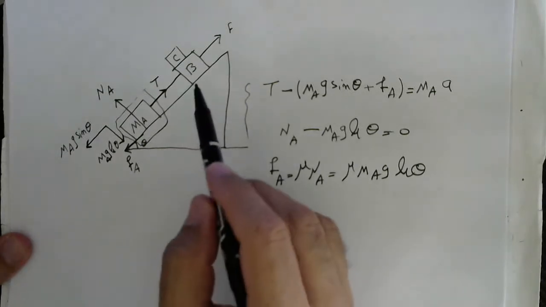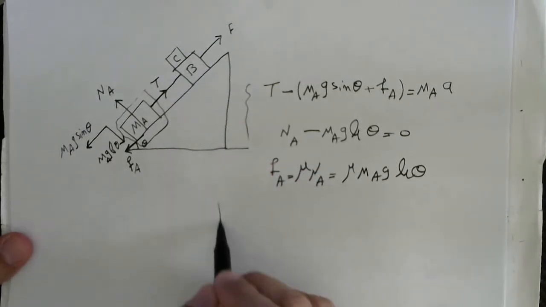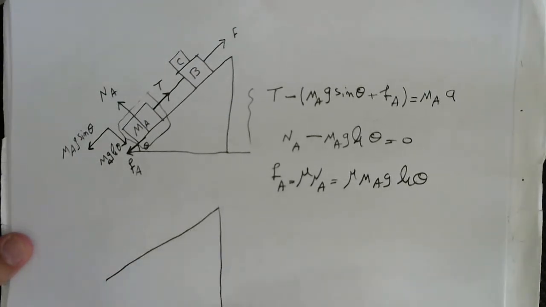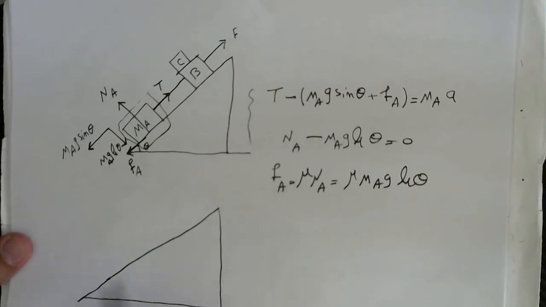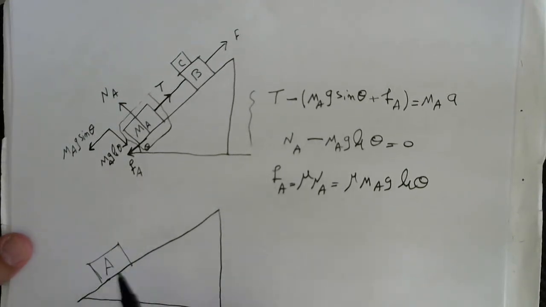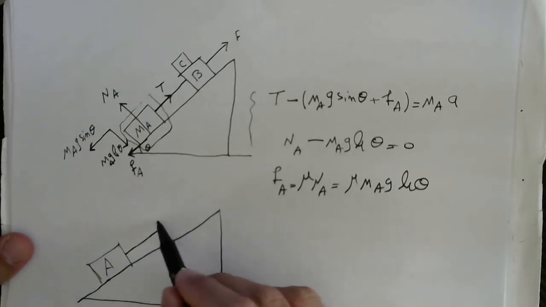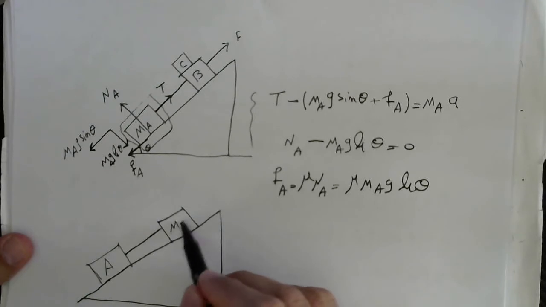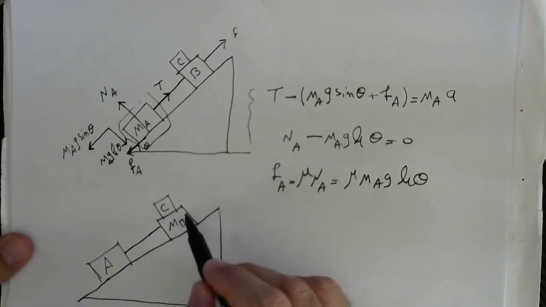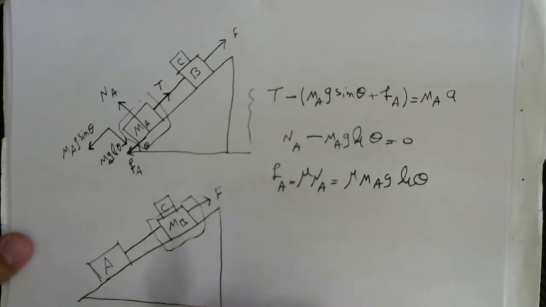Now let's assume B is the system. So I move on. This was A, and now we don't concern ourselves with it. We can say this one is m_B and this is C, and then F is acting on B, and this is my system.